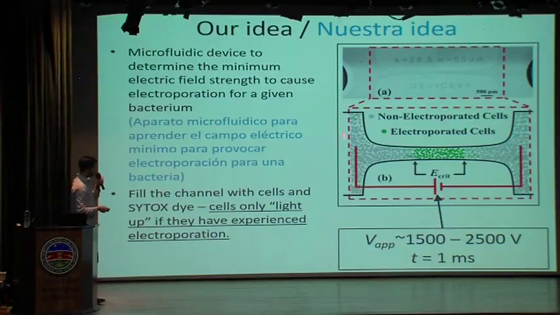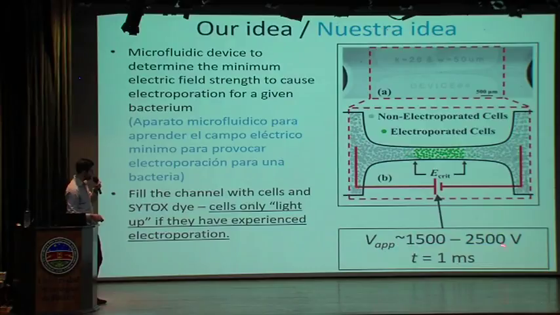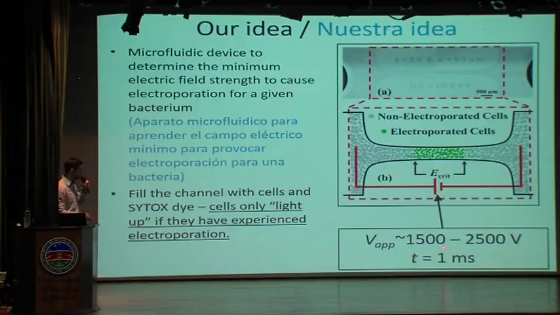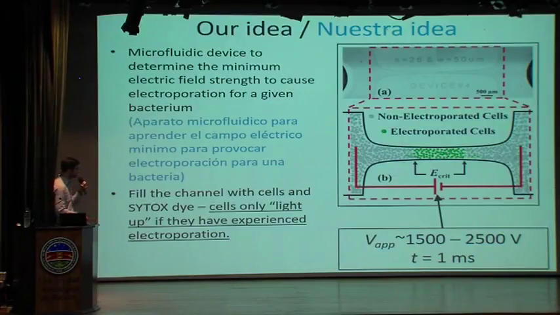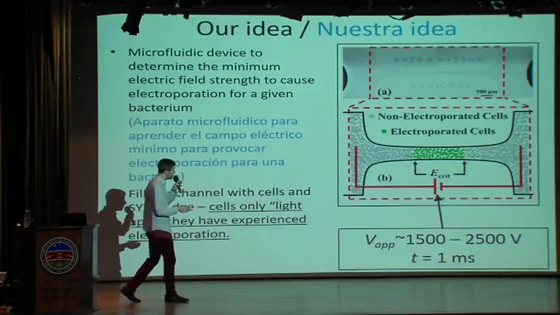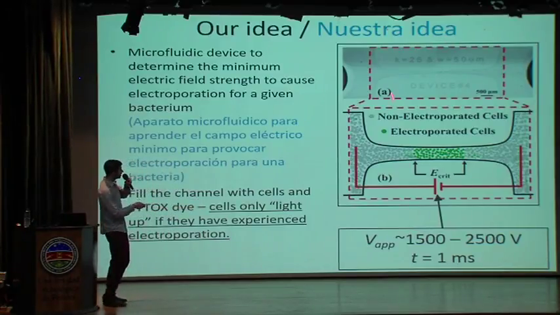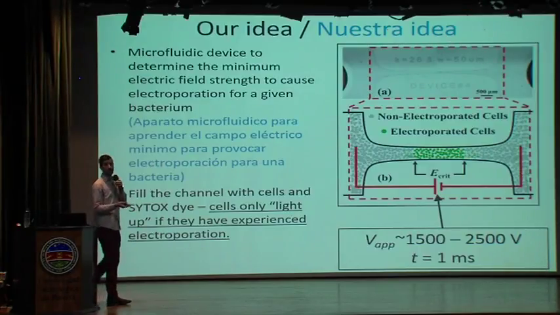So the idea is that we perform electroporation inside this channel, so we apply between 1,500 and 2,500 volts over a period of 1 millisecond. And because the walls constrict, well, PDMS, the material of the device, does not conduct electricity.